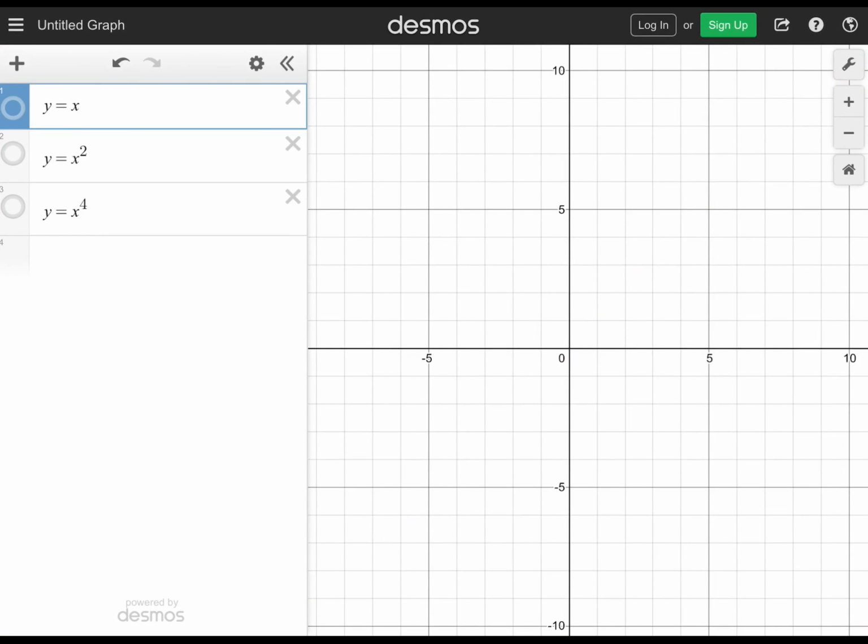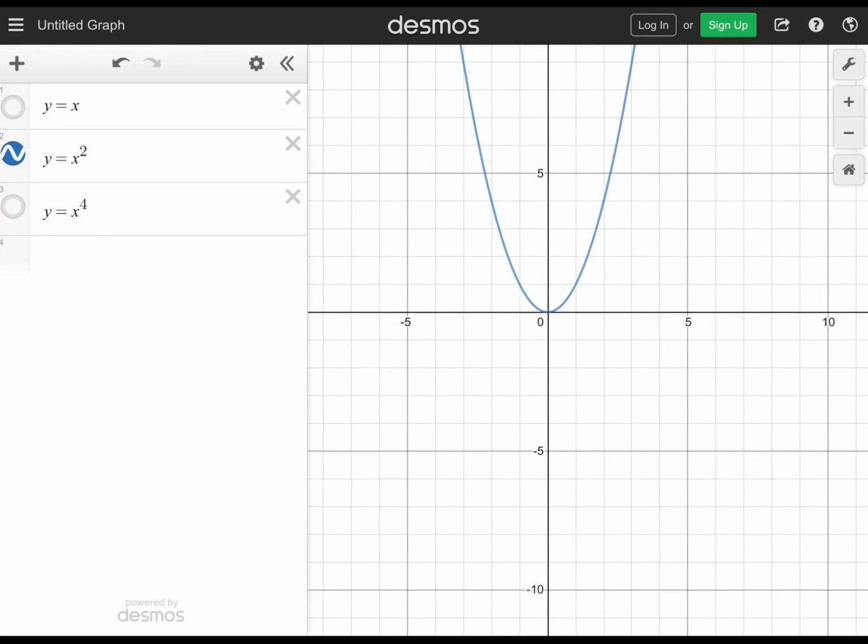Now our quadratic function. If we look at this side right here, notice that our x values are decreasing. They're getting more and more negative. But look at what's happening to our y values.